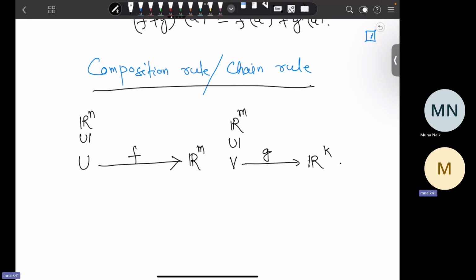Suppose this composition makes sense, that is, suppose f of U is contained inside B.